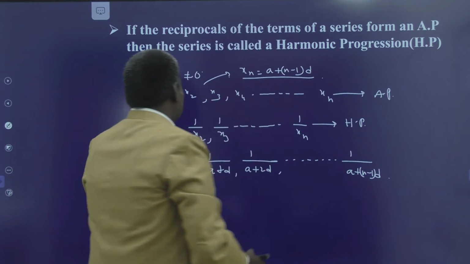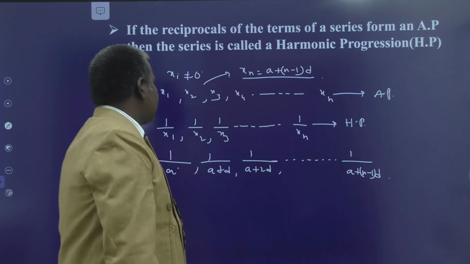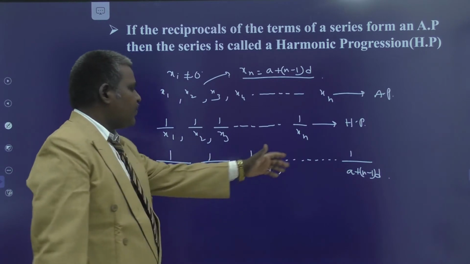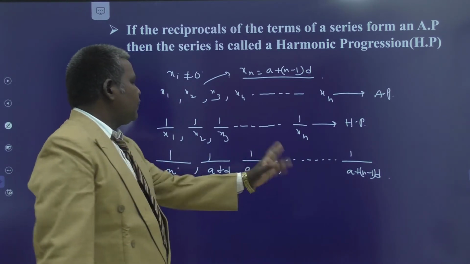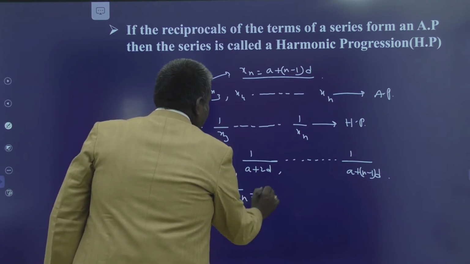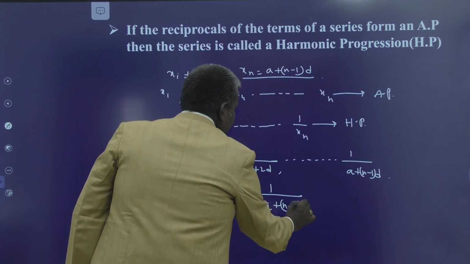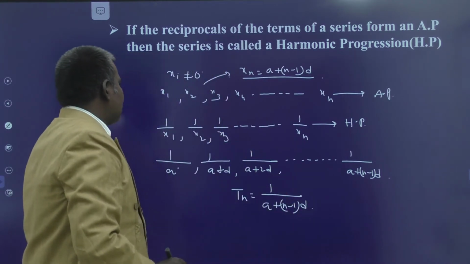These are called the terms of the harmonic progression, because these are the reciprocals of the arithmetic progression. Therefore, its nth term is 1 by (a plus (n minus 1) into d).